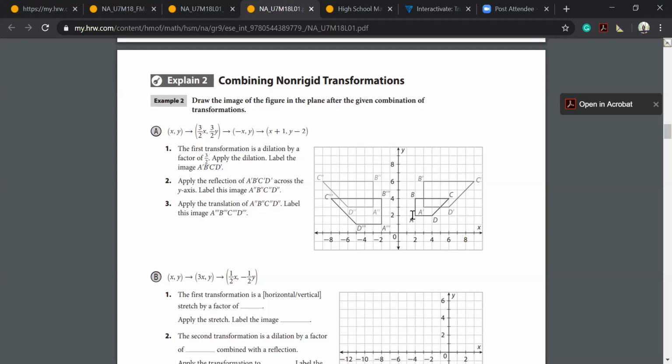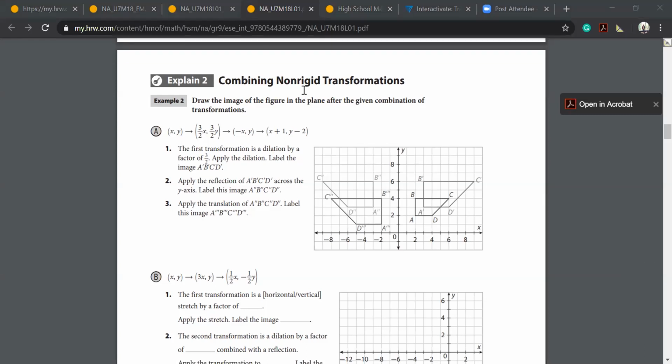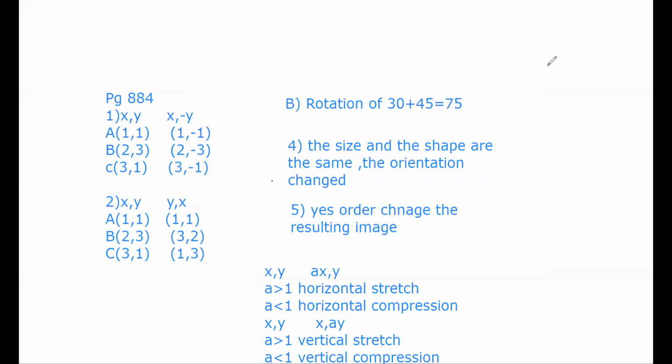To do it, I'm going to find the points of A, B, C, and D. Let's find A. A is 2 and 2.